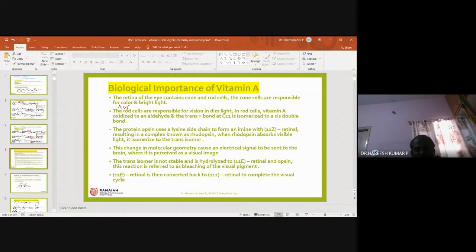The trans isomer is not stable and is hydrolyzed to 11E, which means 11-trans retinol.